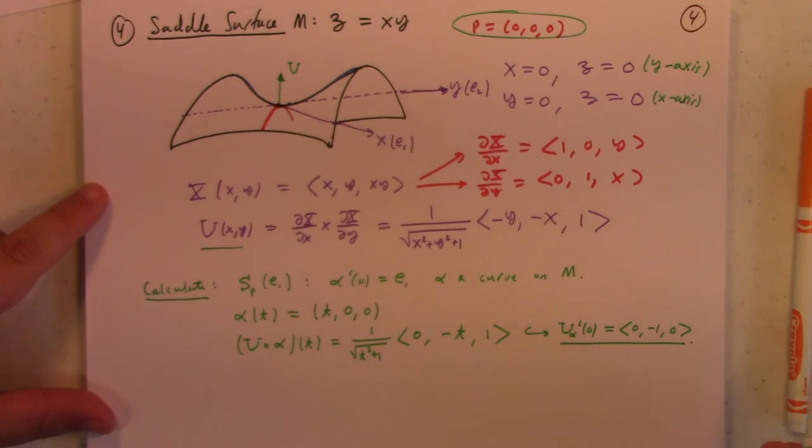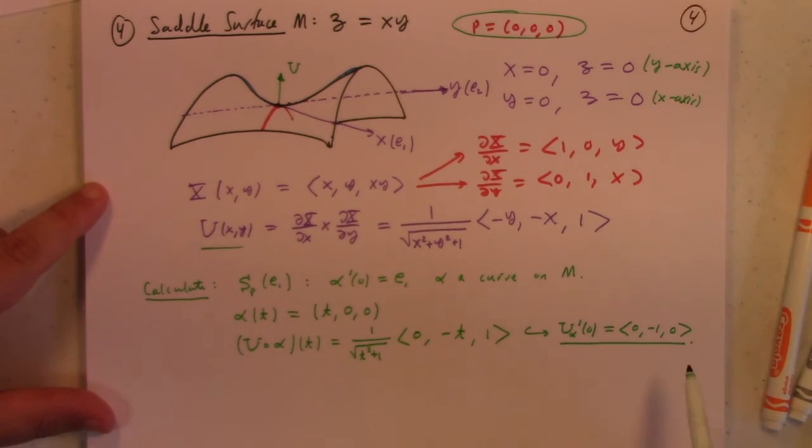It's not hard. Basically, when you differentiate this, you get a product rule, right? But the term which differentiates this normalization factor out here has a t upstairs, and when you put in t equal to 0, this term drops out. So it just leaves you this times the derivative of that, which of course is (0, minus 1, 0), because 1 differentiates to 0. Plug in 0, that gets 1, and so out pops this. Hey, but that's exactly minus E2, right?